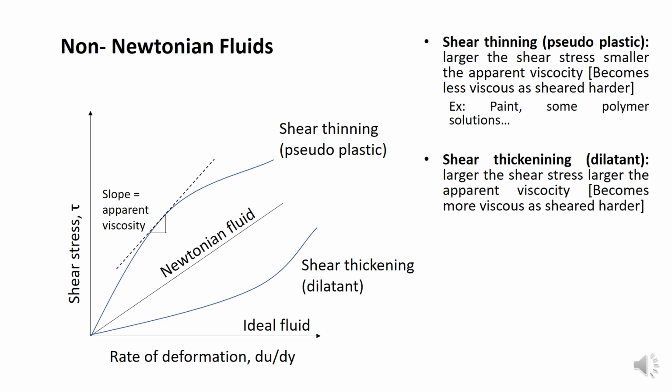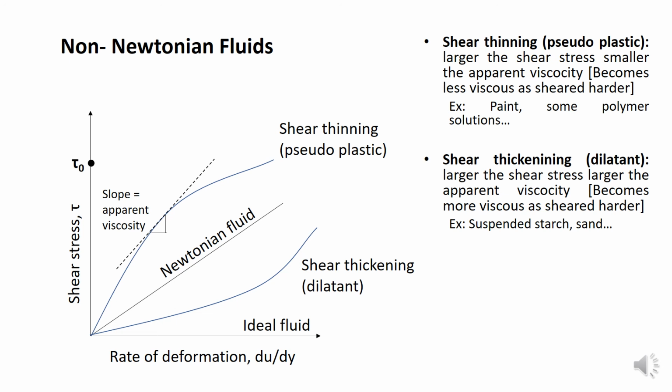With larger shear stress, larger apparent viscosity is obtained. That means it becomes much more viscous as the shearing rate increases. It becomes harder and harder. Examples are suspended starch, sand, etc. The application of this is utilized in many areas.